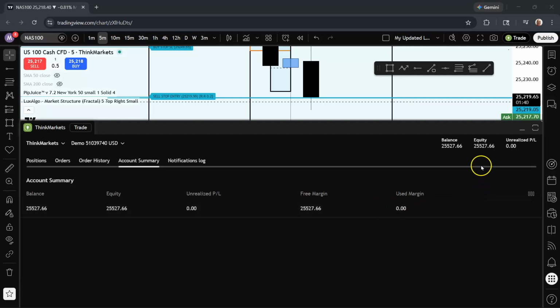Okay, so my equity went up a little bit, so it's $25,527.66. Before it was $25,520. I lost 20 bucks, so I got back to 20, but I made an extra $7.66. I mean, it is what it is.